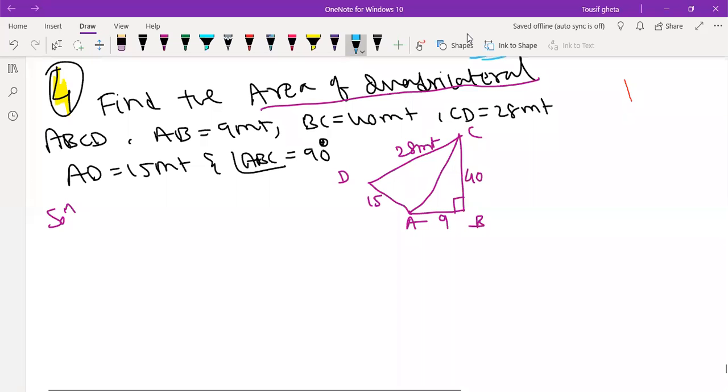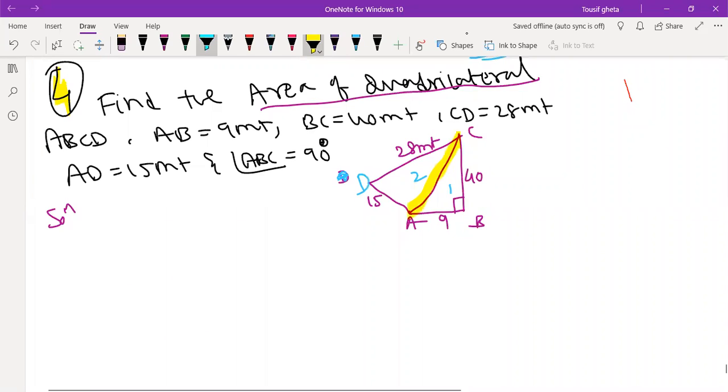See here, there are two triangles, triangle ABC and triangle ADC. In triangles ABC and ADC, AC is not given.